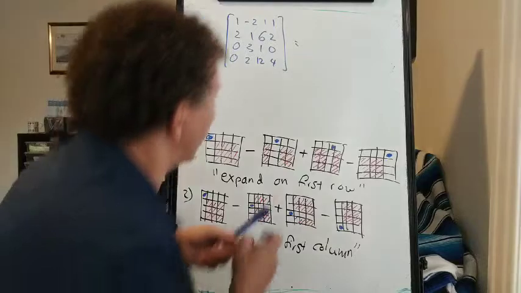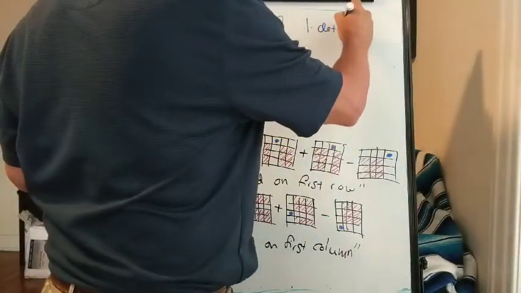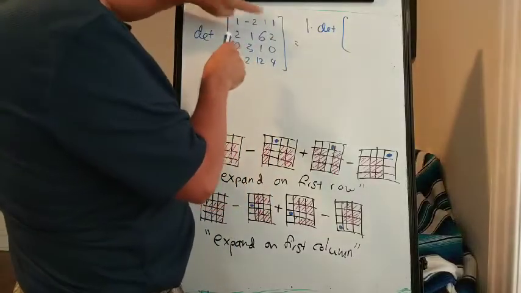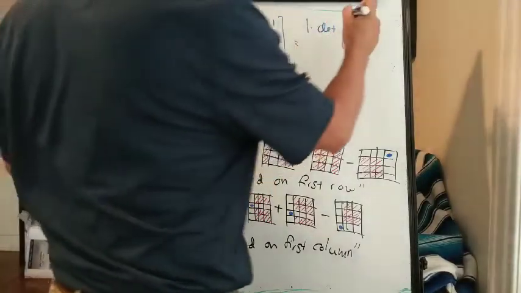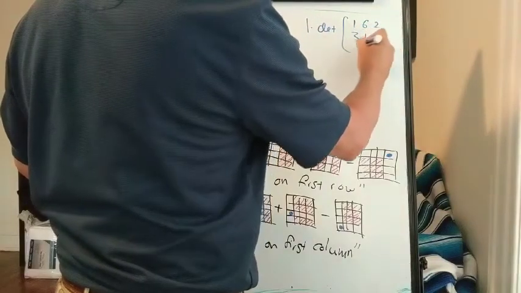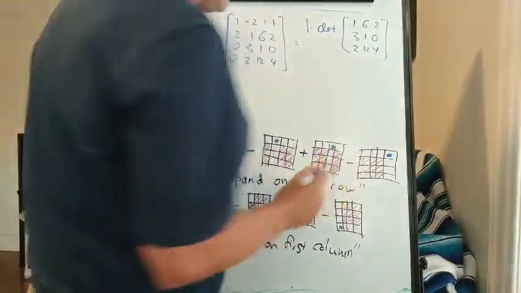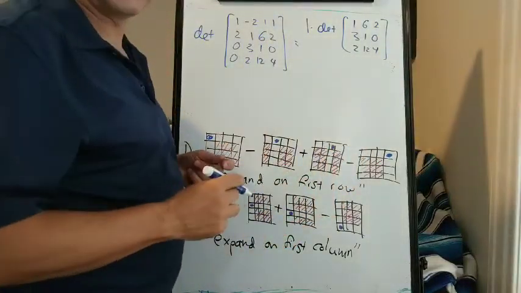So this is 1 times the determinant of, so we'll cross out the first row and column, and we've got 1, 6, 2; 3, 1, 0; 2, 12, 4. That's something that I could do with diagonal lines.